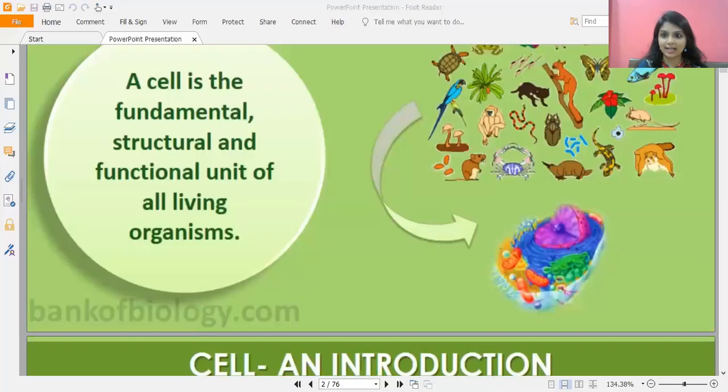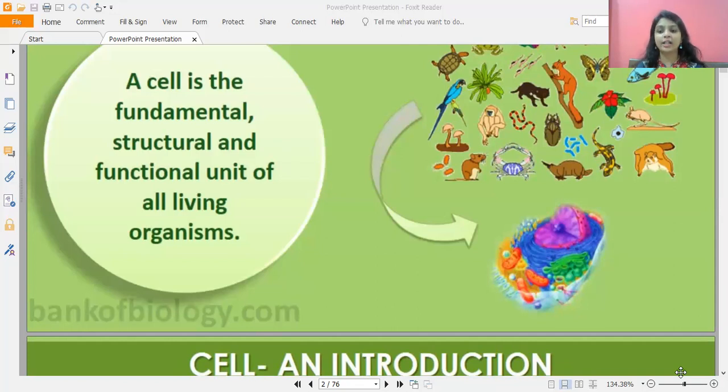I'm sure you have heard right from your lower grades that the cell is the basic fundamental structural and functional unit of all living organisms.